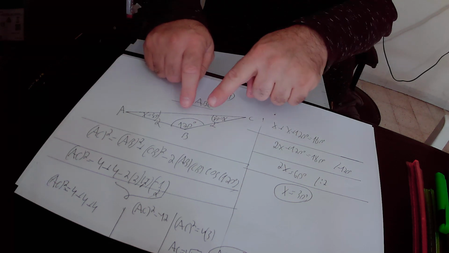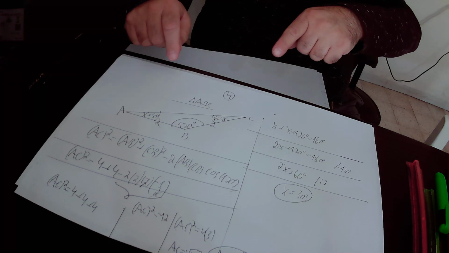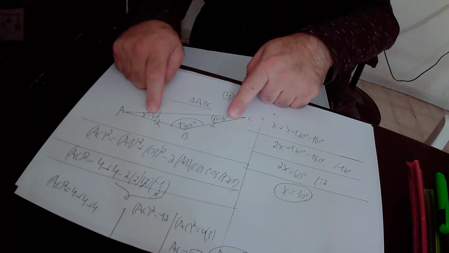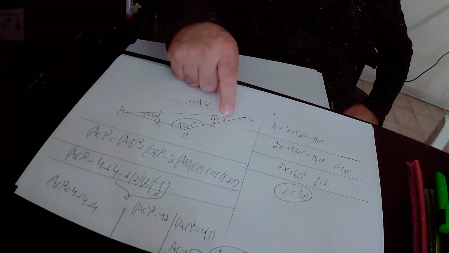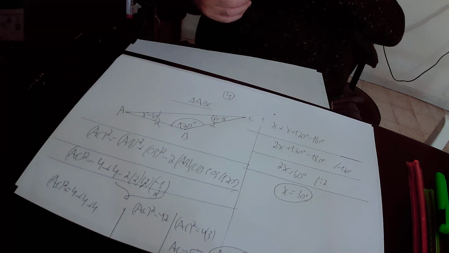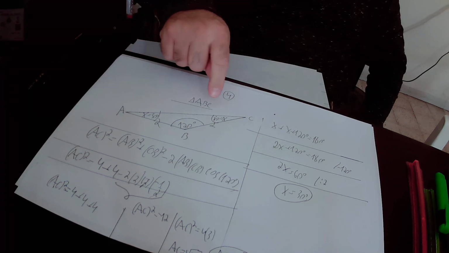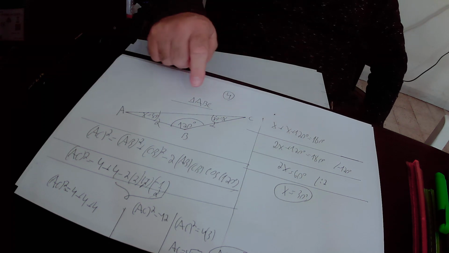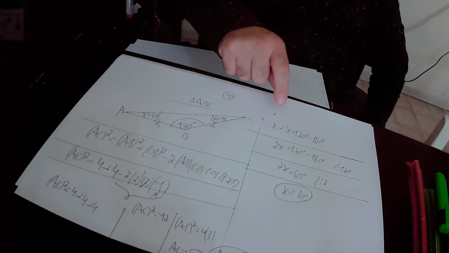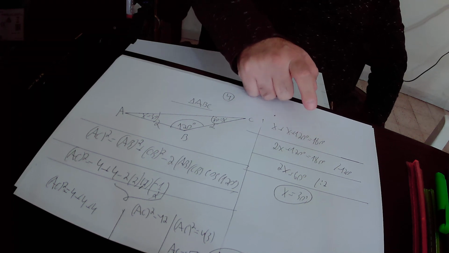So opposite those two equal sides, AB and BC, we have those two angles that must be equal to each other. So if this angle equals x, then this angle must also equal x. And you know that the sum of the angles in any triangle is equal to 180 degrees. So which angles do we have in triangle ABC? We have x plus x plus 120 degrees. In total, they must be equal to 180 degrees. x plus x is 2x. So 2x plus 120 degrees equals 180 degrees.